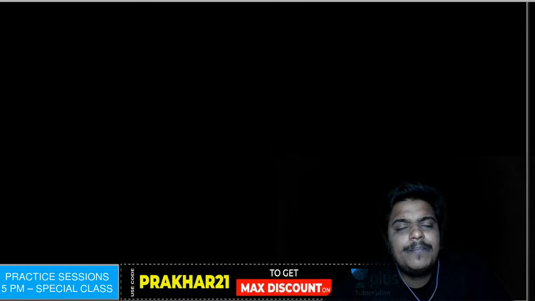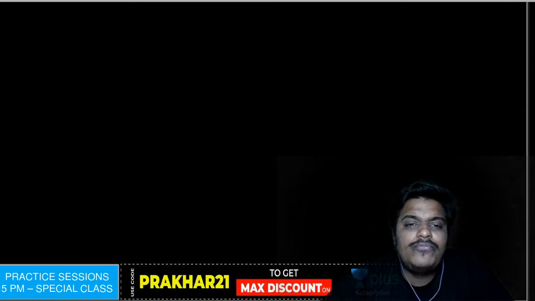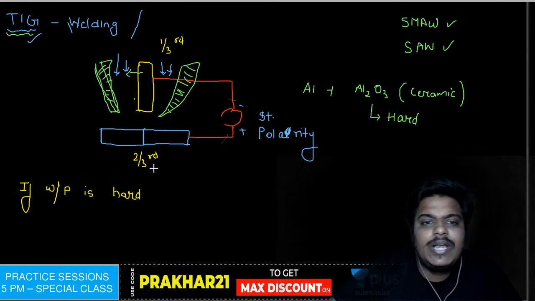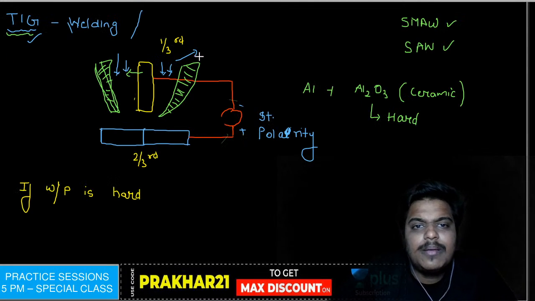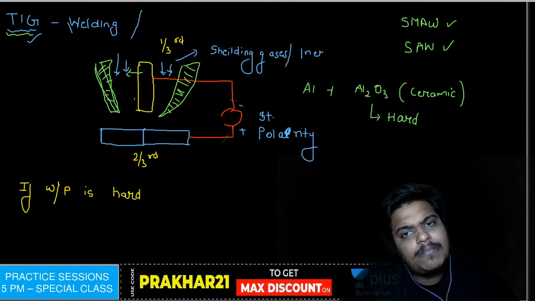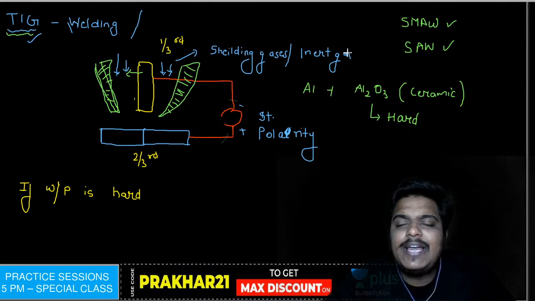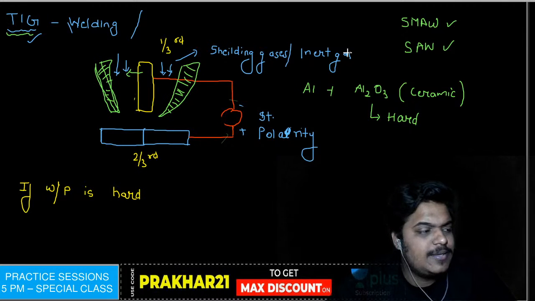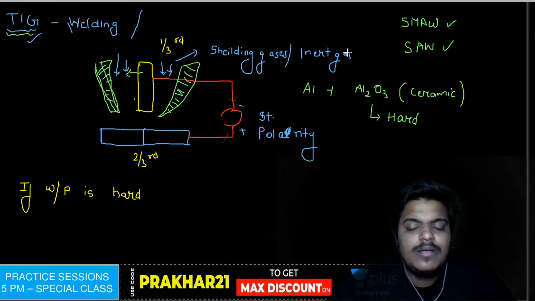A passage is provided for the flow of shielding gases or inert gas, to protect the welded joint from the attack of atmospheric gases.